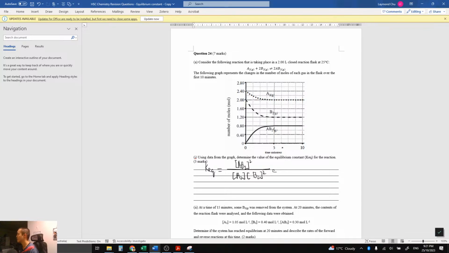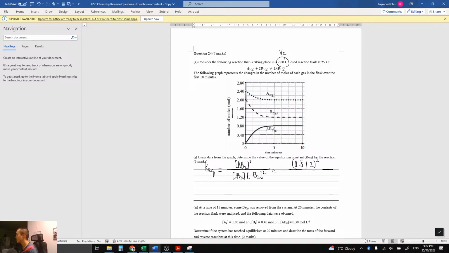Now these are moles, so we need to divide by the volume here. So we can either work them out individually, or let's do a bit of a crammed one this time. Let's do the calculations of our concentrations inside the fraction. It might get a bit messy, but hang on tight. AB2 is 0.8 over 2 liters, and that's whole squared.